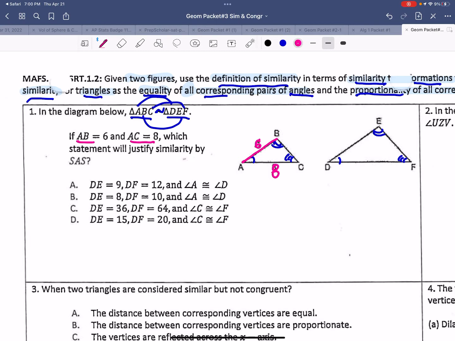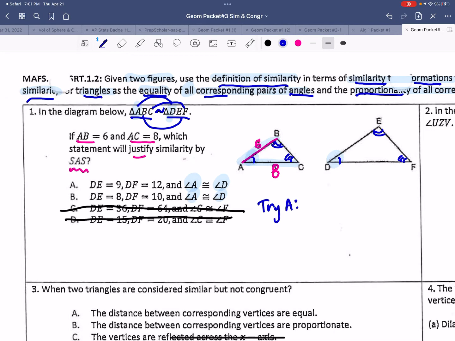Now, which statement would justify that these are similar by side, angle, side? Okay, so when we look at this, we have a side, an angle, and a side. So I need angle D. I need A to equal D because they're at the same spot, right? So I'm going to cross out these two.